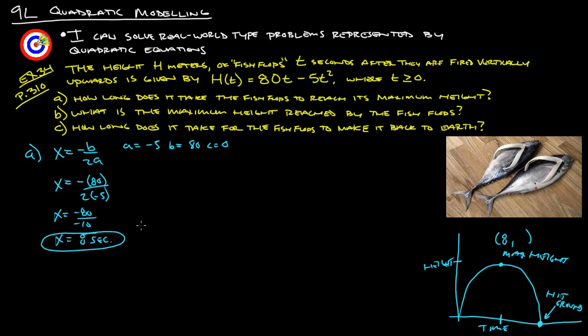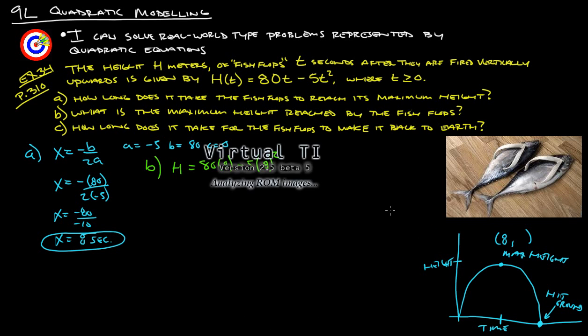So part B is going to be to plug our 8 into our formula. So the height is going to be 80 times 8 minus 5 times 8 squared.